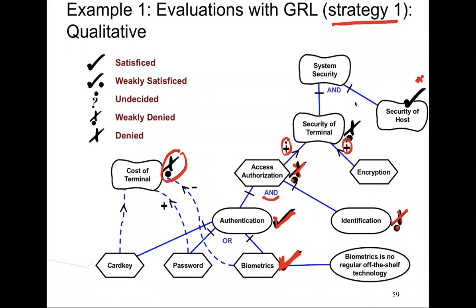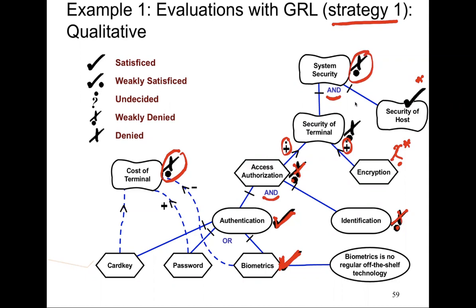If we assume initially that this is also weakly satisfied, so if we move upward, this is weakly satisfied and this is weakly satisfied, and the relationship between the two is just make. So definitely the security of the terminal is also weakly satisfied, and that means, for an entity composition to the upper level, the security system soft goal, the system soft goal also is weakly satisfied.